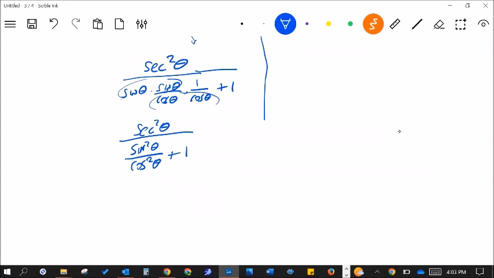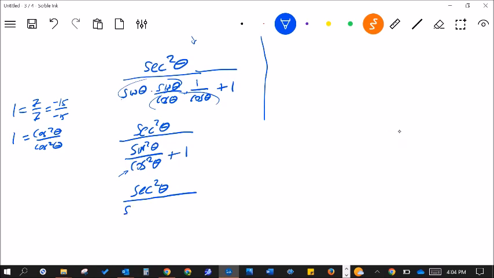It doesn't have trig stuff with it, but it's actually extremely useful because I can make 1 equal to anything, 7 over 7. I can make it equal to negative 15 over negative 15 if I feel like. I can also make 1 equal to cosine squared theta over cosine squared theta so that I have the same denominator on the bottom. So let's now rewrite this.